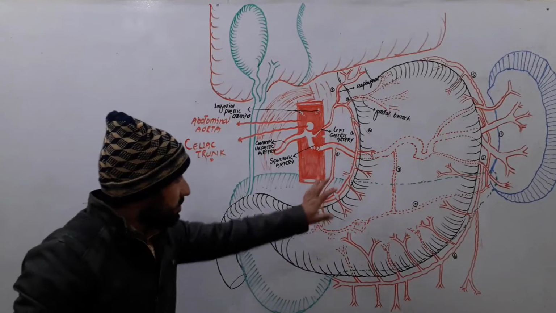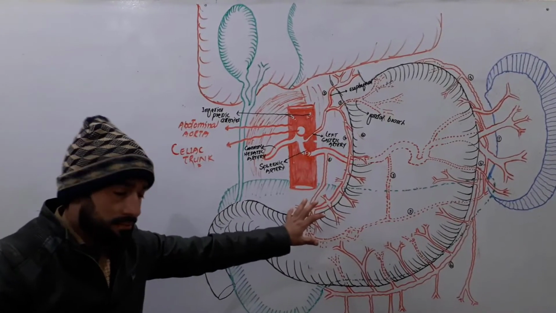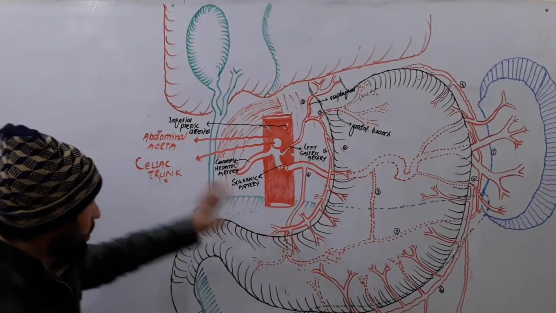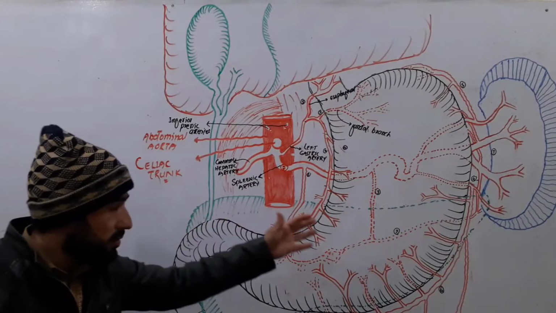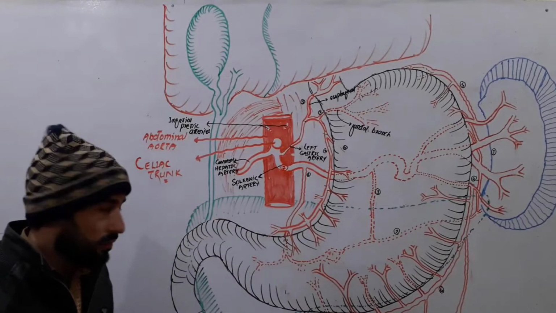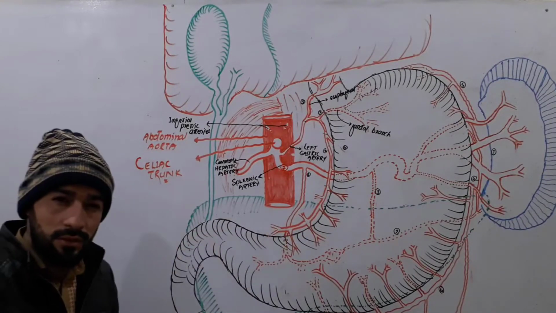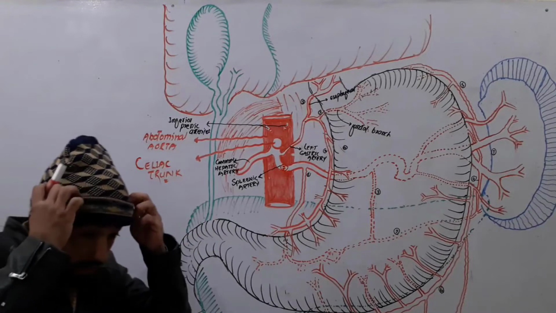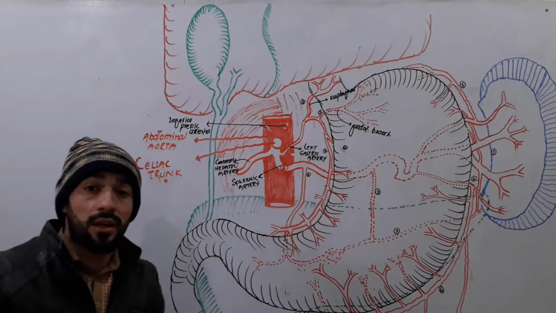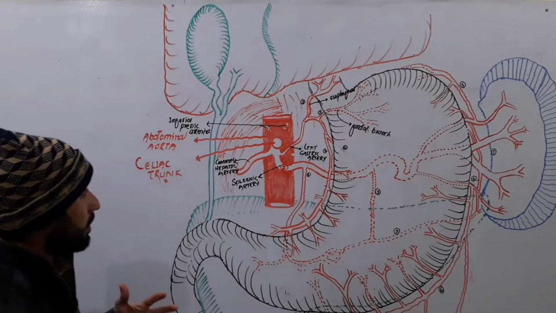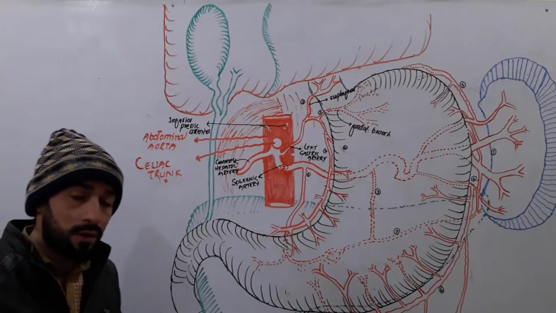I know this diagram is a little bit complicated, but don't worry, whenever I start teaching you all these branches, it will be very easy for each of you to understand them. As I told you in the previous lecture, our aim is to discuss all the blood supply of the abdominal viscera.